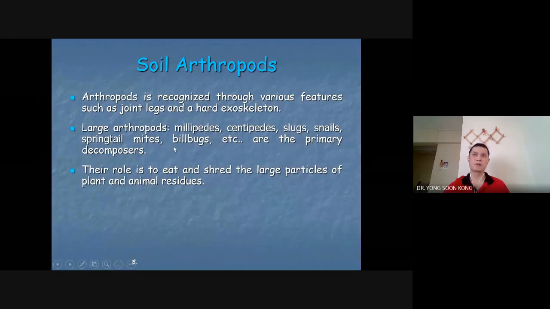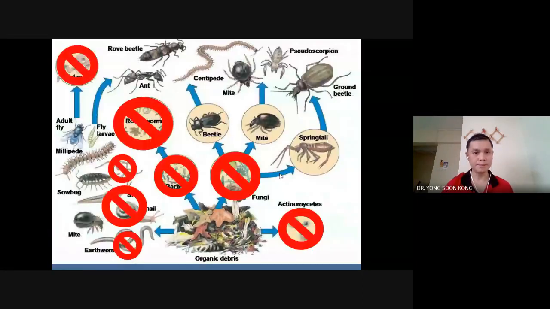So these are the insects available in the soil that participate in the decomposition of organic matter in the soil. When they decompose organic matter, they eat and shred large pieces. That's why they're very much on the higher trophic level of the soil nutrient cycle.